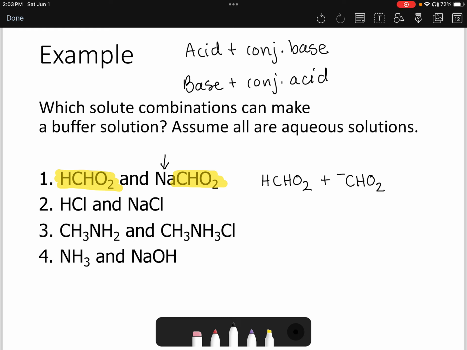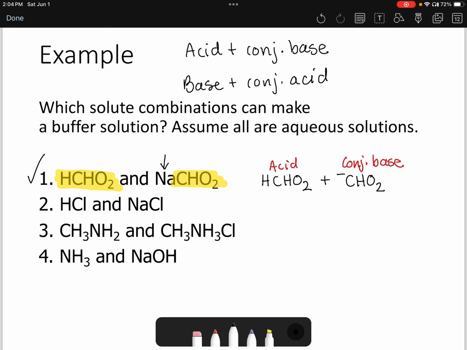So this looks like an acid and its conjugate base. So this would probably qualify as a buffer. So we can say, yes, that would qualify as a buffer.